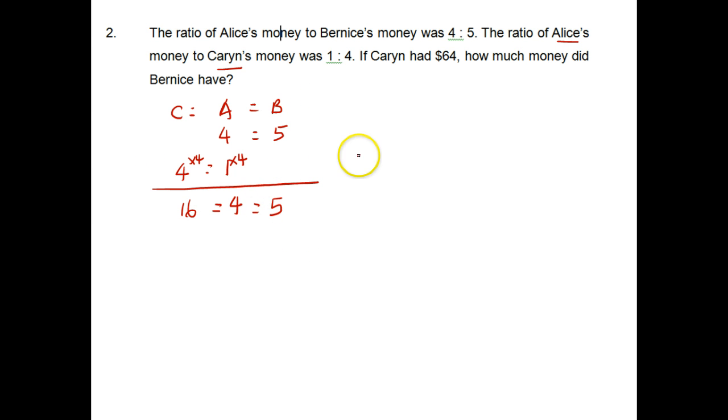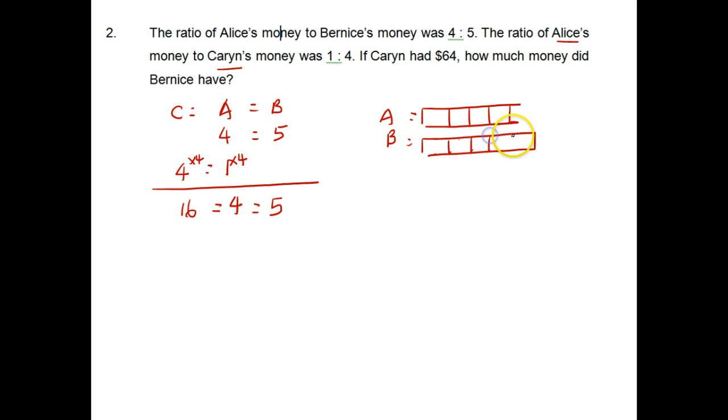Another way to represent this, we can draw our model. So our Ellie's is to Bernie's 4:5. The ratio of Ellie's to Carlin is 1:4. So now Ellie's is 1 unit. This is 1 unit.